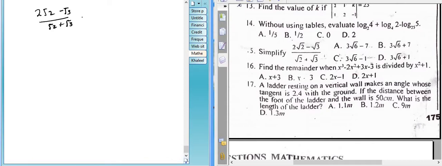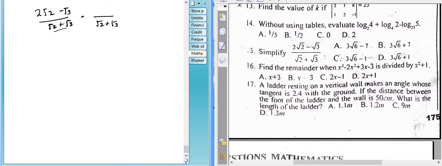Then we take the conjugate, that is, interchange this sign. So the conjugate is root 2 minus root 3, and we multiply top and bottom with this interchange of this one.